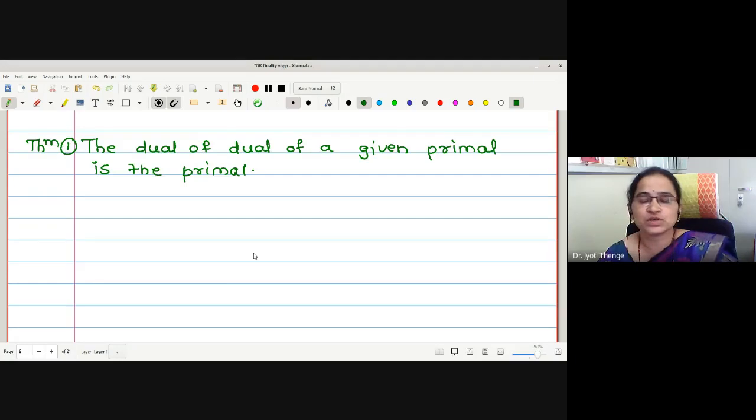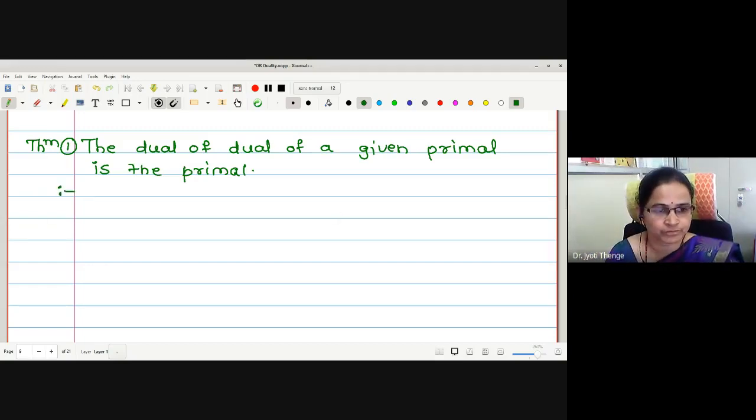Suppose in the first standard form I have maxima. If I convert it to dual, it will be minima. Again, if I want to convert it back, it will be maxima. The first constraint type gives less than or equal, the dual gives greater than or equal, and again if I find its dual, it will be less than or equal. Why might you get confused?